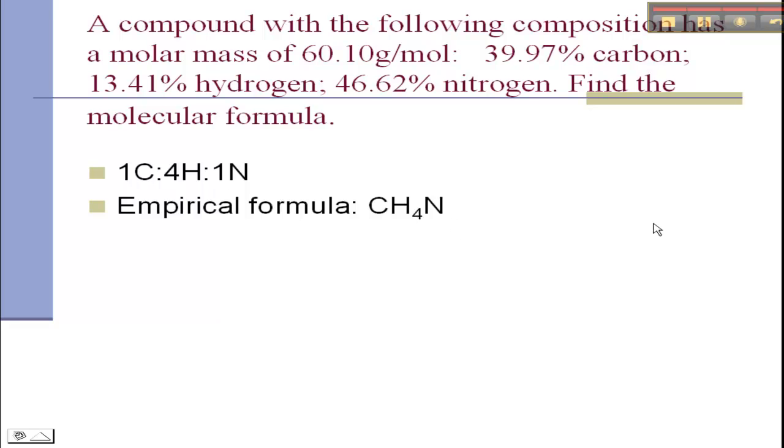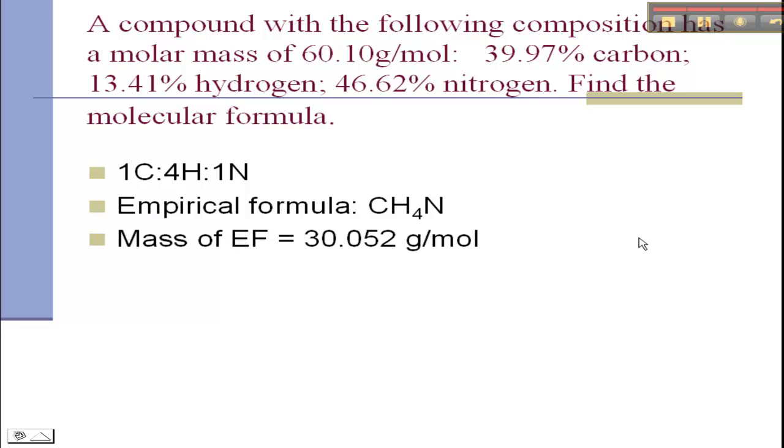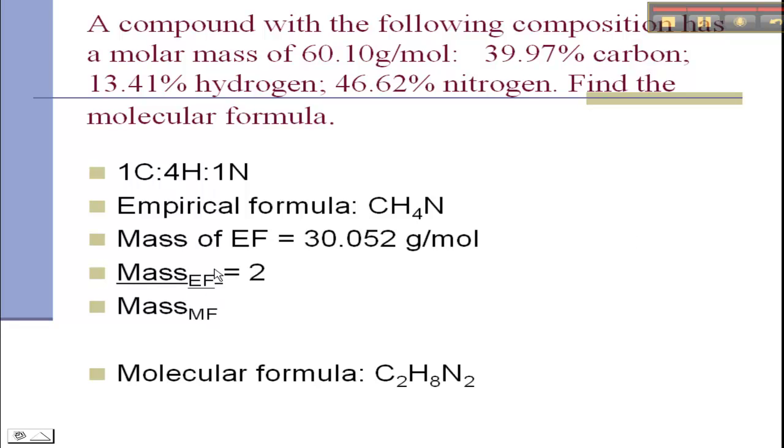So CH4N. The mass of that is 30.052 grams per mole. And I got these backwards. This should be molecular formula over empirical formula. And that's going to be 2. So 60 divided by 30 gives us 2. So the molecular formula is C2H8N2.